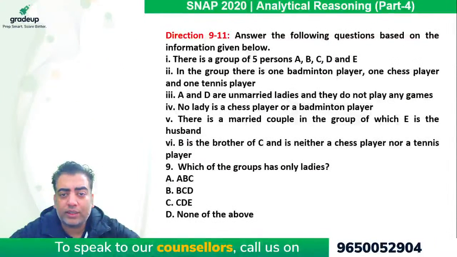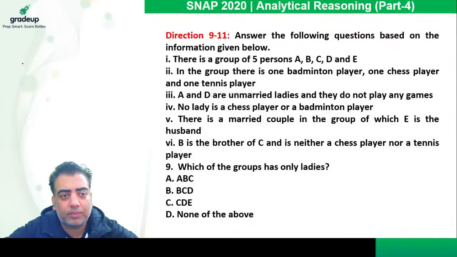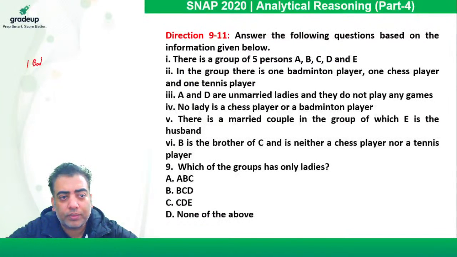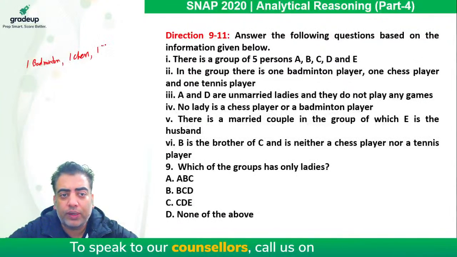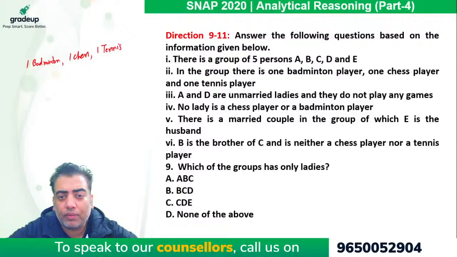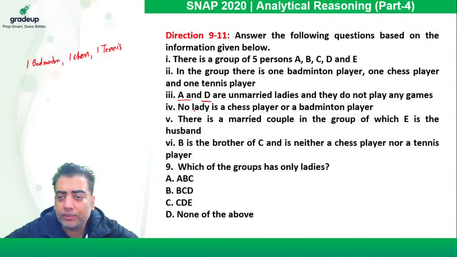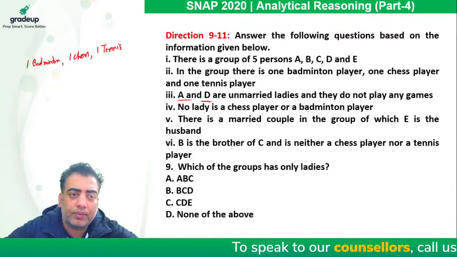Okay, so here he says there is a group of 5 persons A, B, C, D, and E. In the group, there is one badminton player, one chess player, and one tennis player. A and D are unmarried ladies and they do not play any games. So A and D are out already.